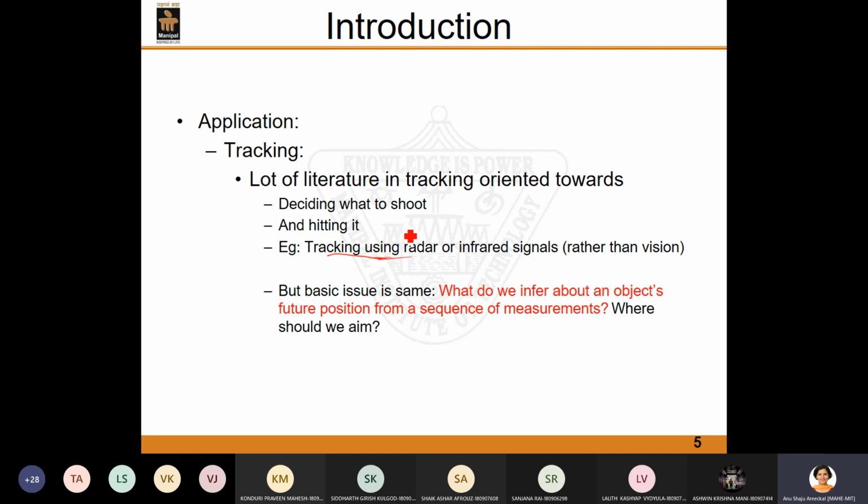And you already know why it's important to monitor the trajectory of a missile, right? So there has been a lot of work done in tracking of missiles for defense or such purposes.